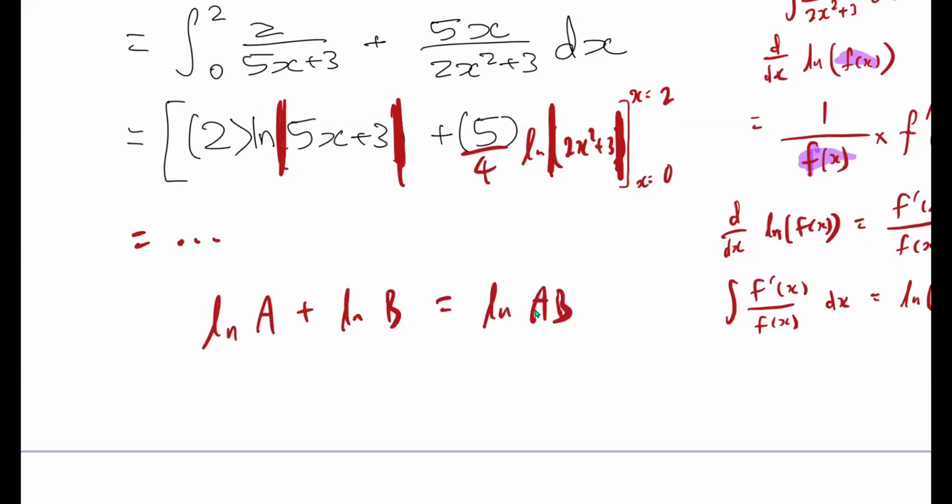Addition becomes multiplication. You can do something similar here, even though there's a modulus sign. I'll just put the normal version: ln A plus ln B equals ln AB. You can use this identity to simplify the final answer, but it's not required in this question.